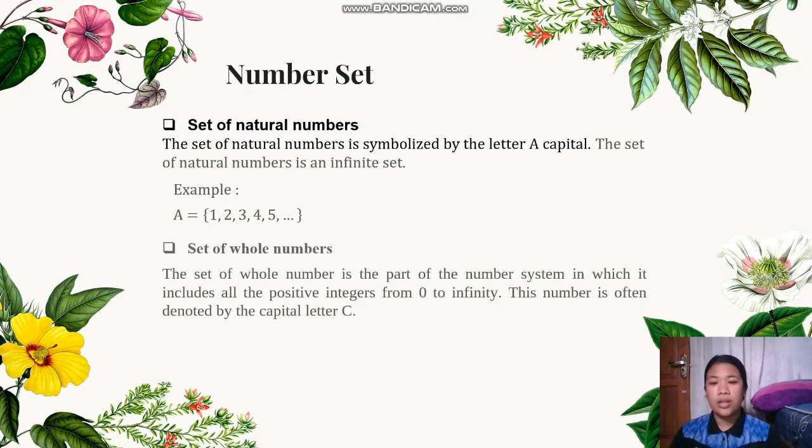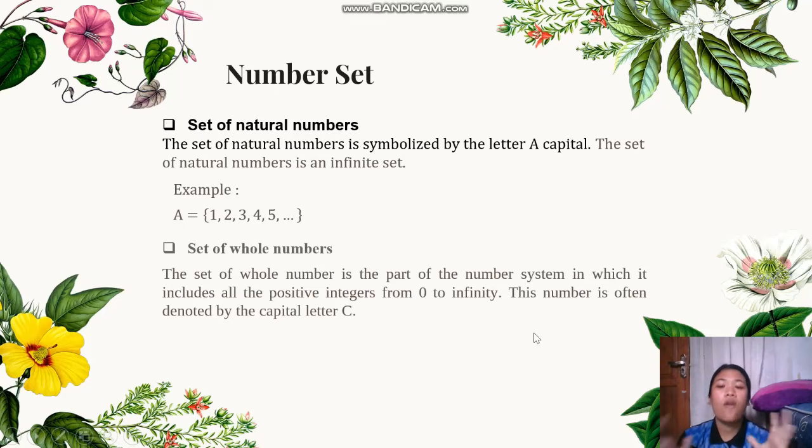The next is the set of whole numbers. The set of whole numbers is part of the number system which includes all the positive integers from 0, from 0 to infinity.